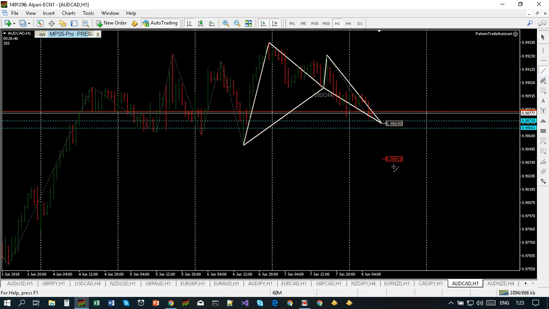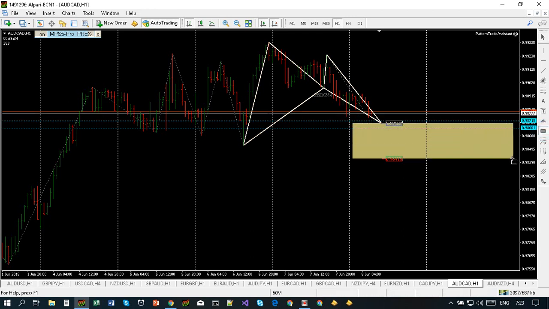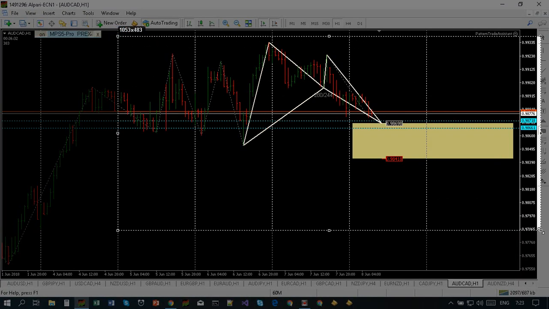You don't need to wait until your stop loss is hit. For example, this is your reversal zone. It is simply common sense, simply a matter of logic. Simply look at this reversal zone, potential support zone, look at the price action.